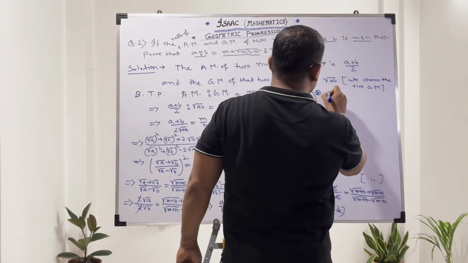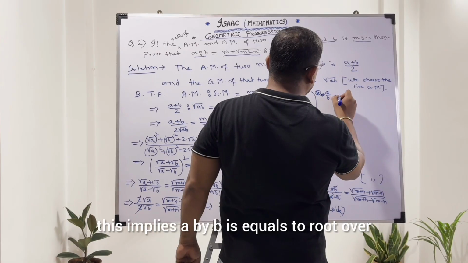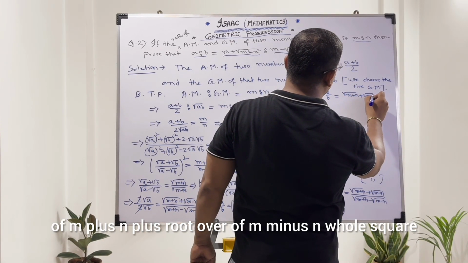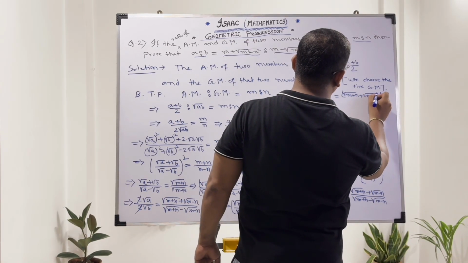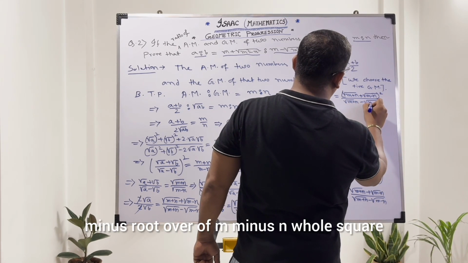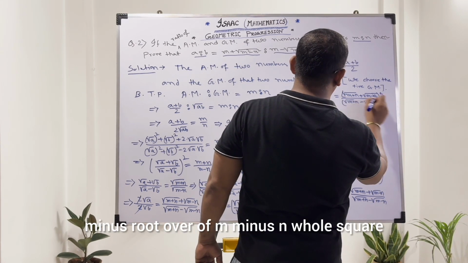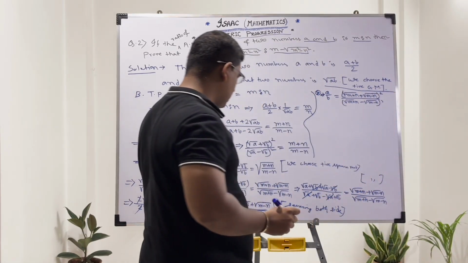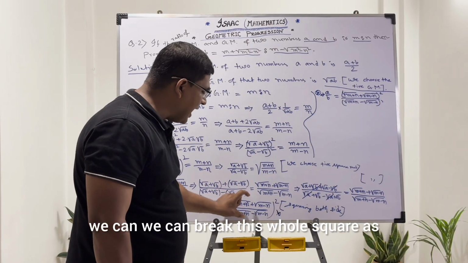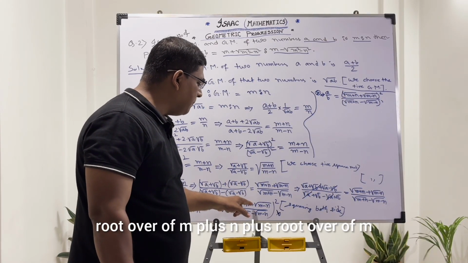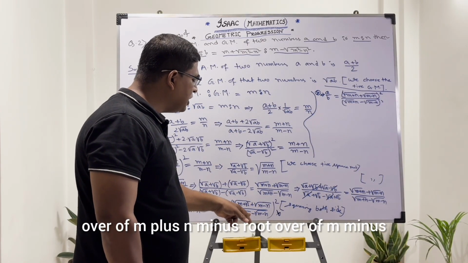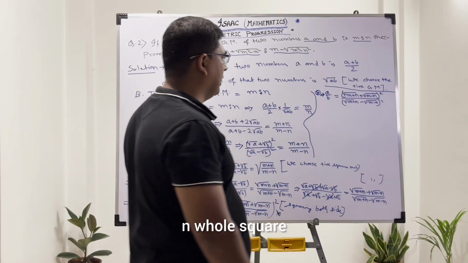So we get, this implies a by b is equal to (root of (m plus n) plus root of (m minus n)) whole square by (root of (m plus n) minus root of (m minus n)) whole square. We can break this whole square as (root of (m plus n) plus root of (m minus n)) whole square divided by (root of (m plus n) minus root of (m minus n)) whole square.